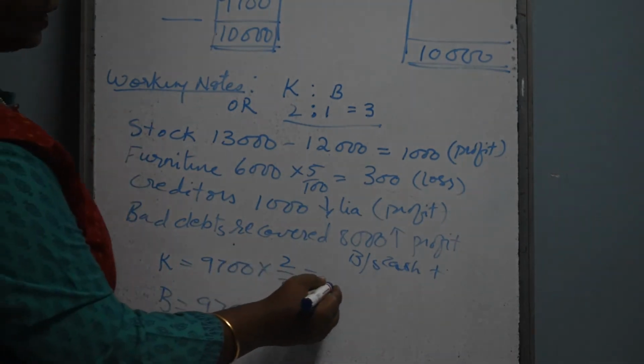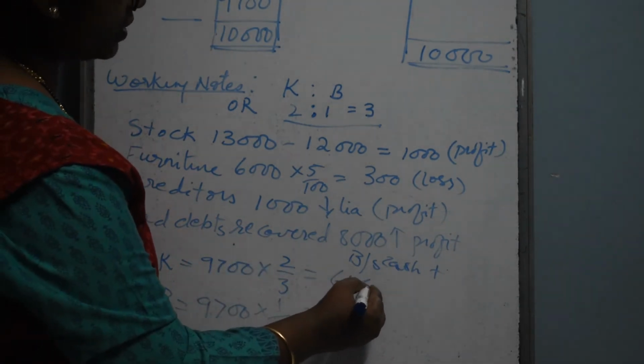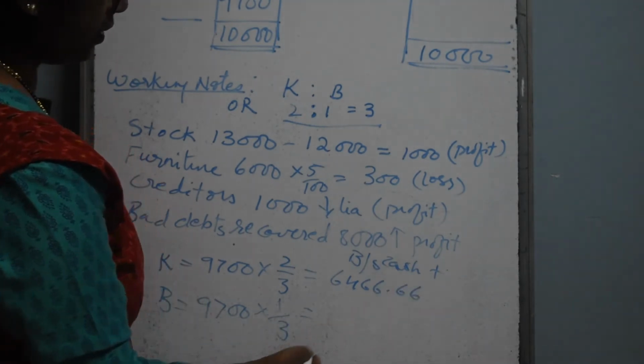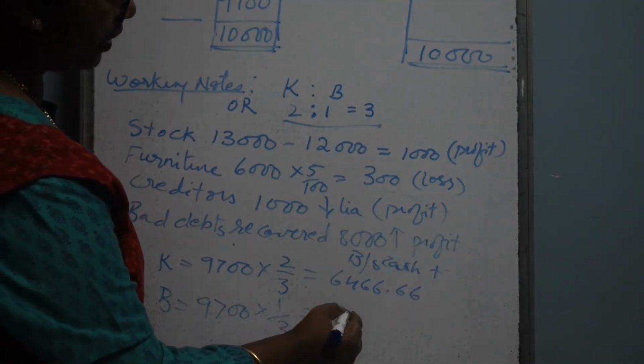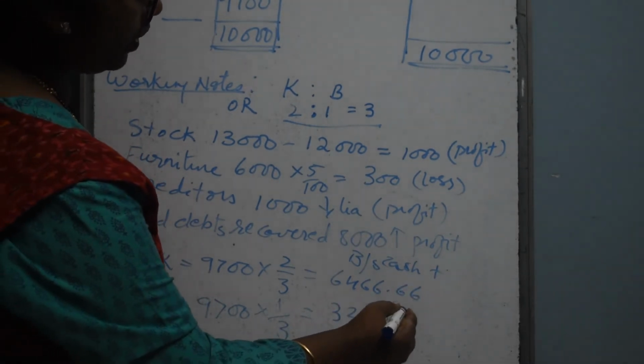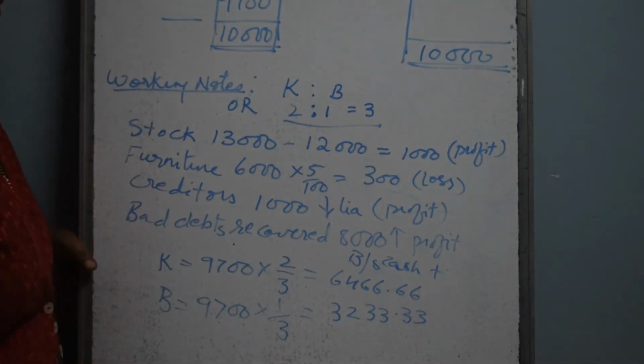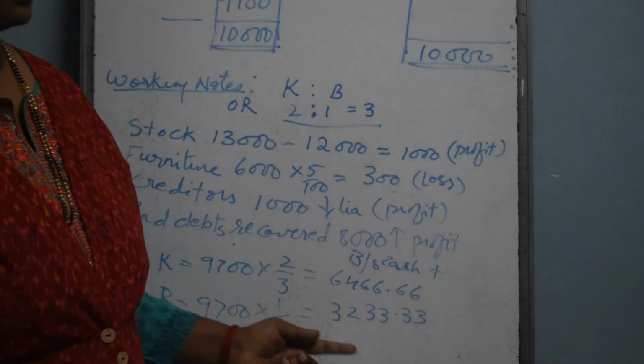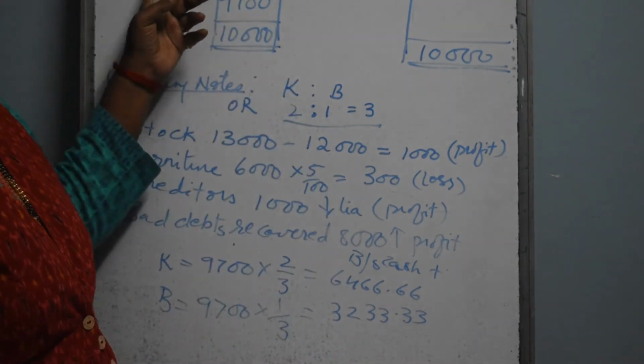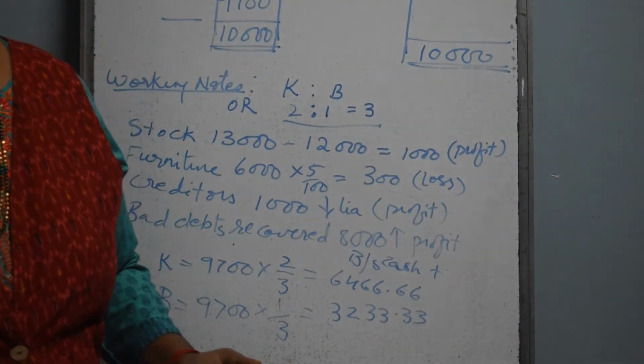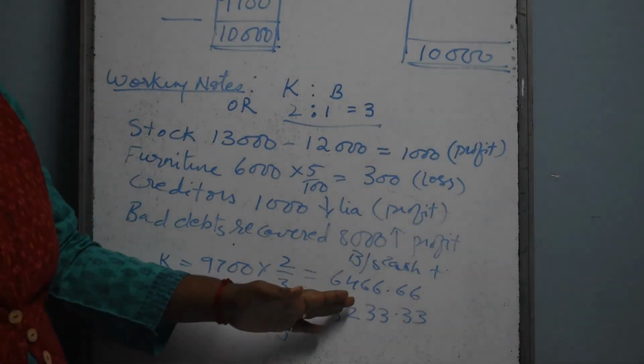Okay, you will get the answer 6466.66 here, and here you get 3233.33. Okay, so whenever you get an answer in a decimal point, you should not write it in decimal point, you have to round it up to the nearest one.